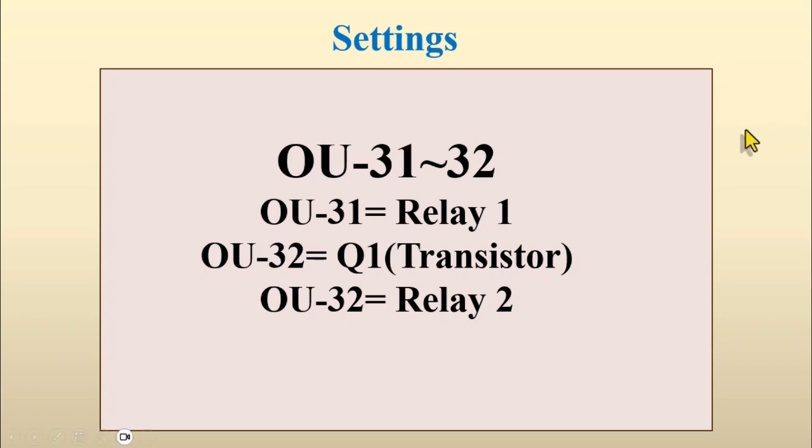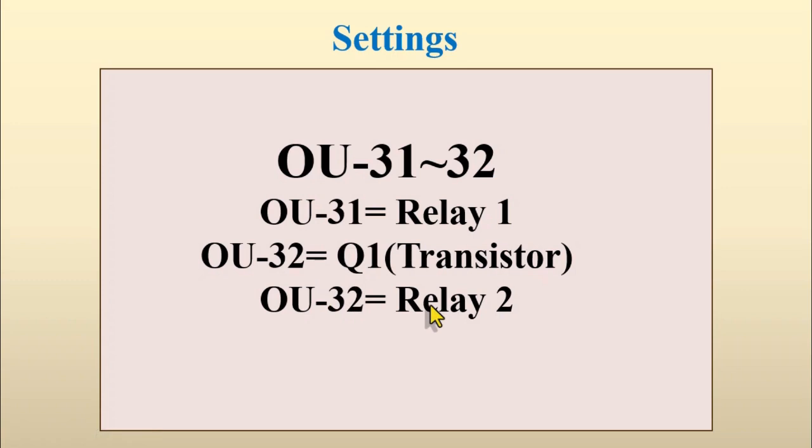In parameter OU31, you can configure the first relay output of the inverter, and in parameter number 32, you can set up and define the transistor output for your system. If your inverter is the standard model, parameter number 32 is related to the transistor output, and if your inverter is the advanced model, parameter number 32 is related to the second relay.